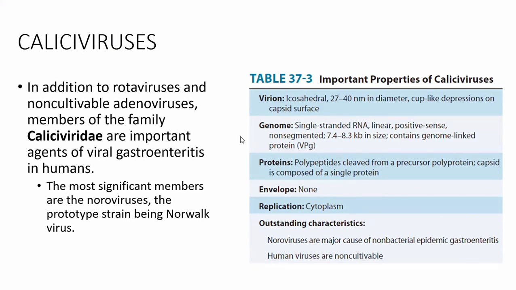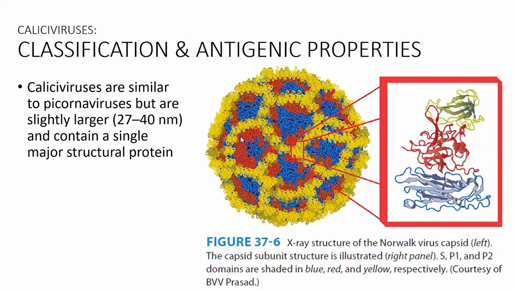So its outstanding characteristic is that it is a major cause of non-bacterial epidemic gastroenteritis, and human caliciviruses are non-cultivable. They cannot be cultivated. Caliciviruses are similar to picornaviruses but are slightly larger and contain a single major structural protein. So here is an X-ray structure of the Norwalk virus.